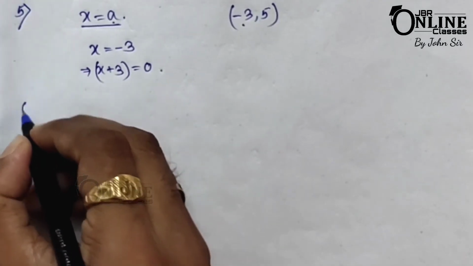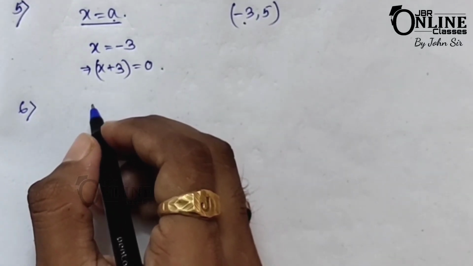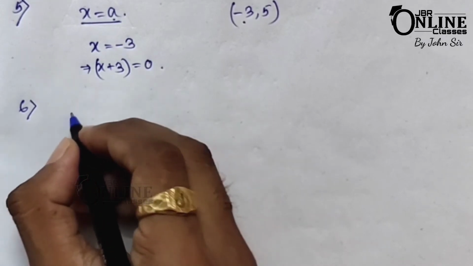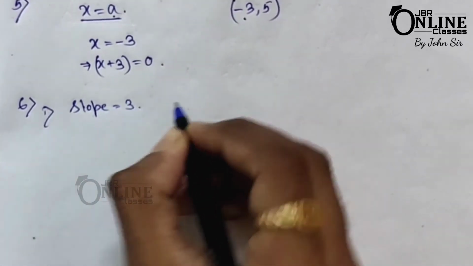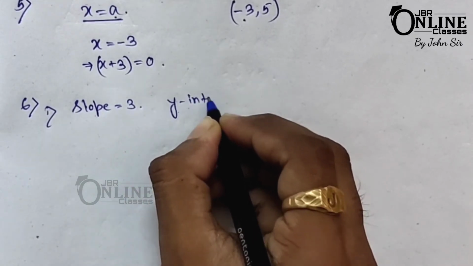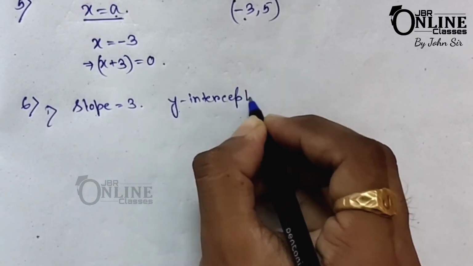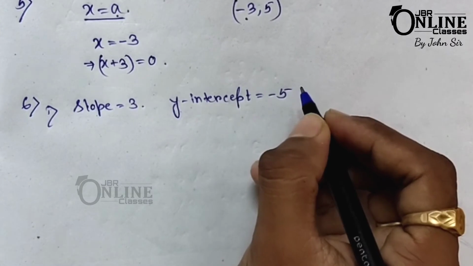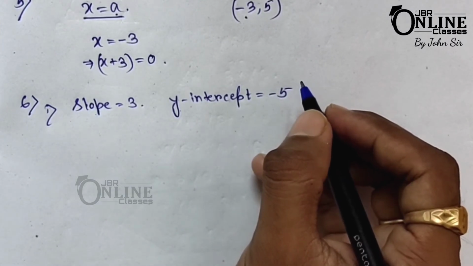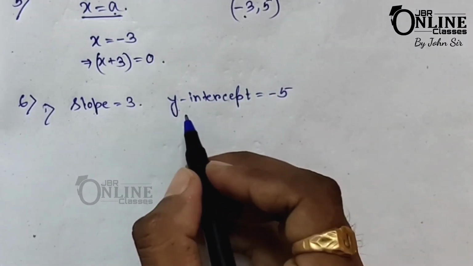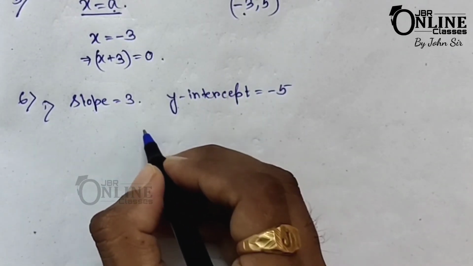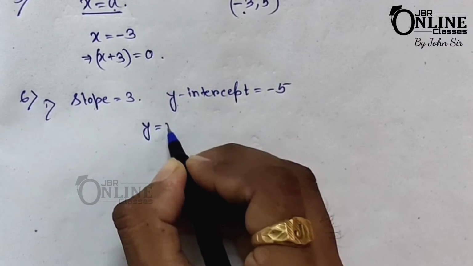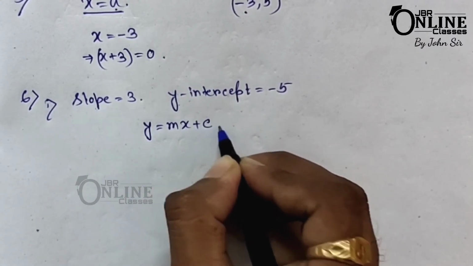Now next, sum number 6. Find the equation of a line whose slope equal to 3 and y intercept equal to minus 5. Now you know the slope intercept form is y equal to mx plus c.